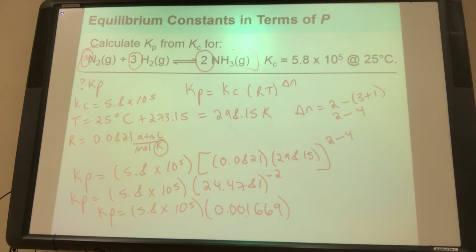And then 0.001669 times 5.8 times 10 to the 5th gives me a Kp of 967.99. That's my answer. So now we know that that is really big compared to 1, and we're good to go.